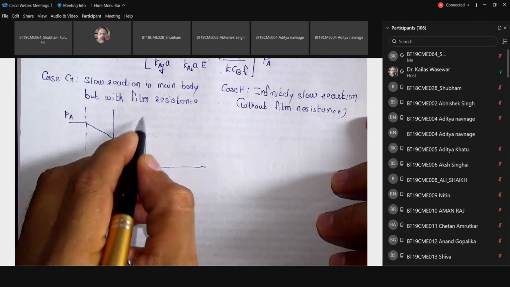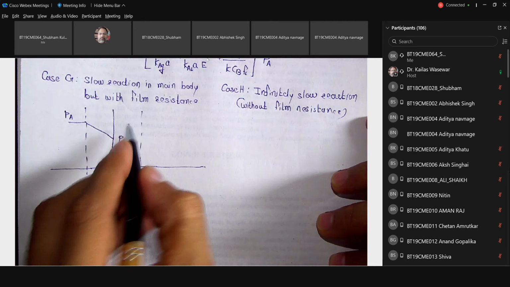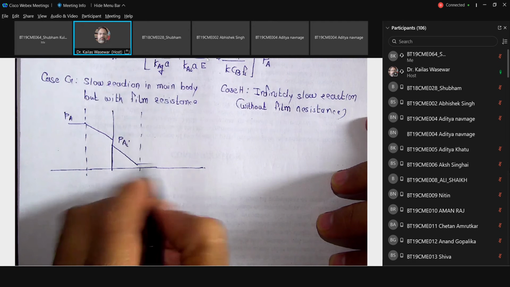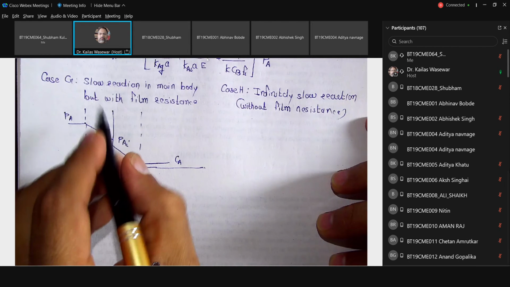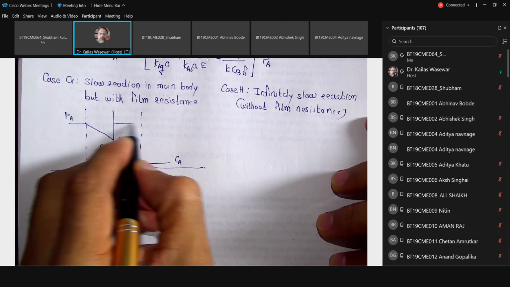Then here will be the liquid film, some value of CA, and CB will be constant.